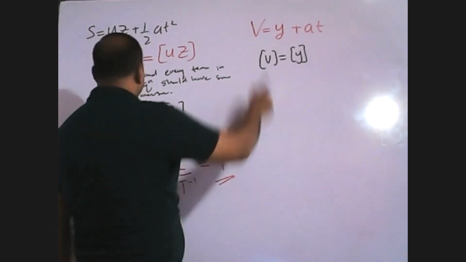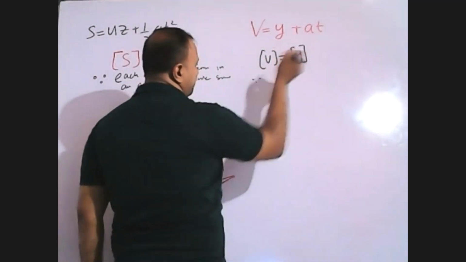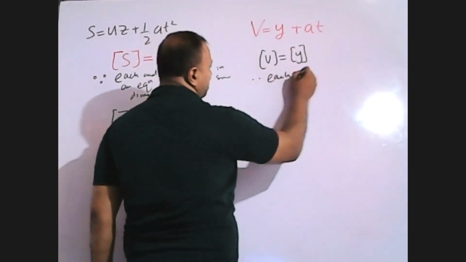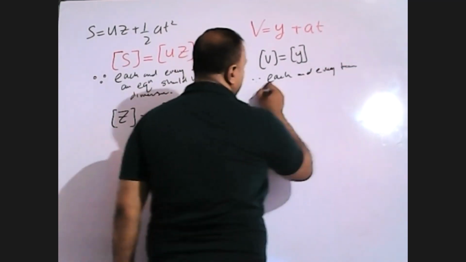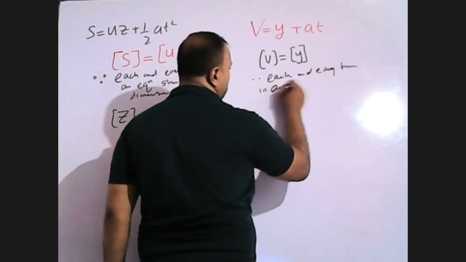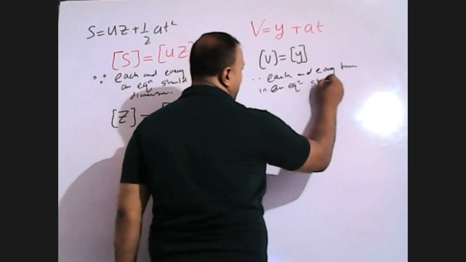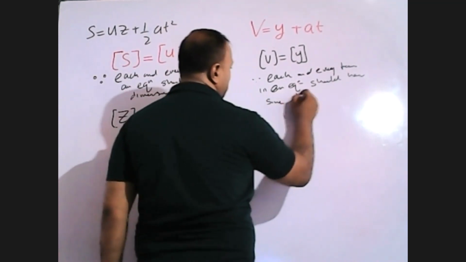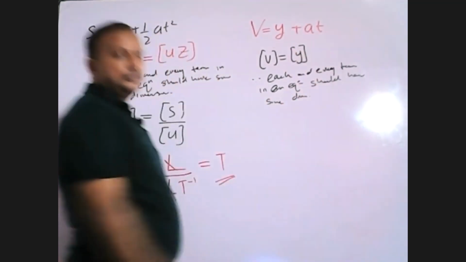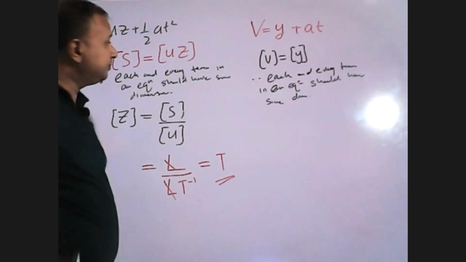What is the argument? Because each and every term in an equation should have same dimension. That is our argument.